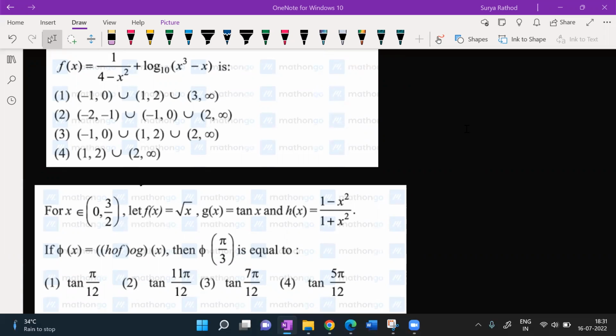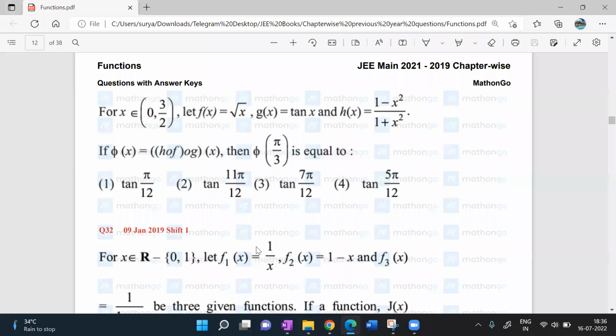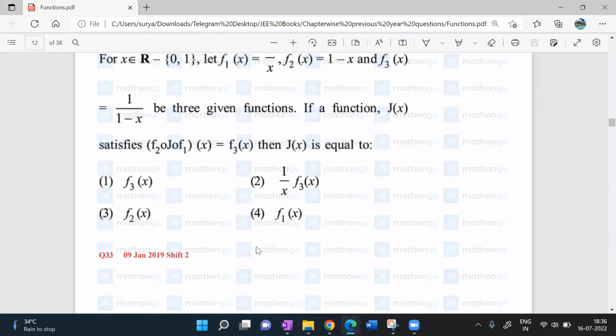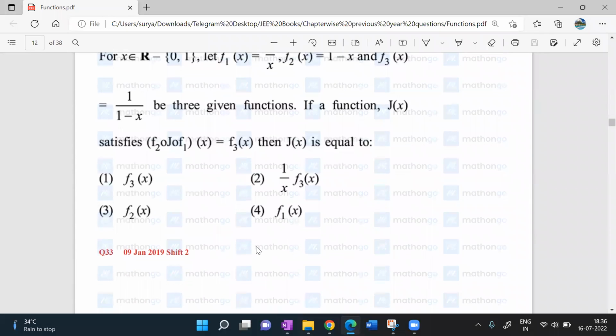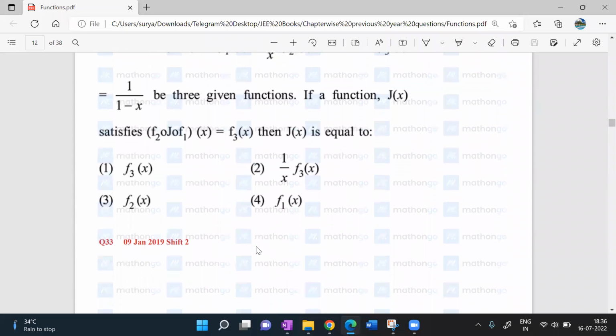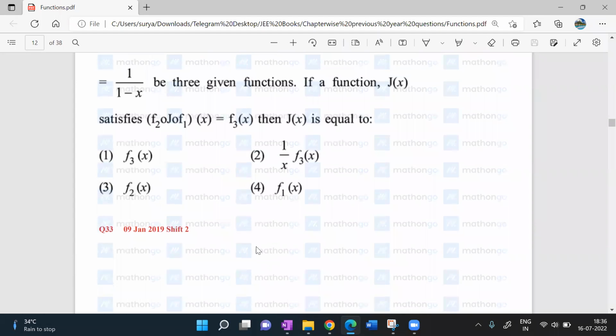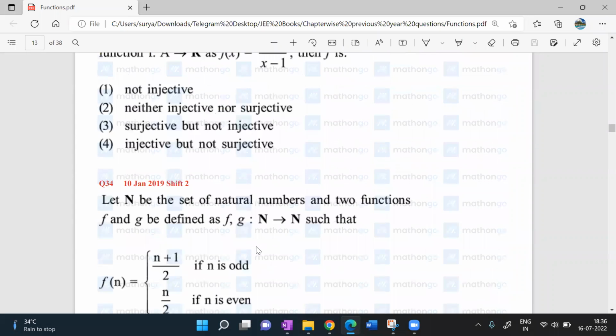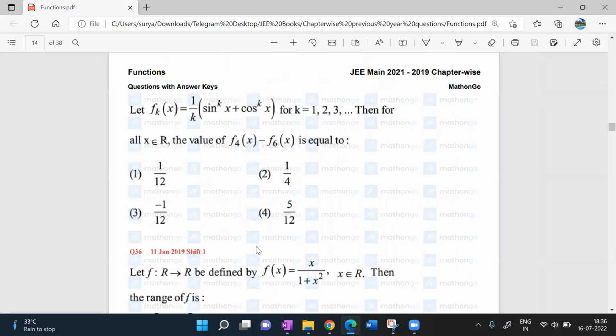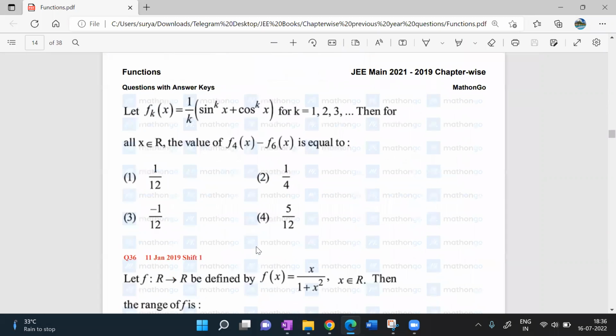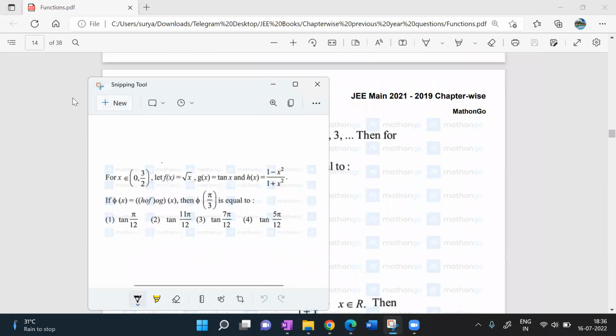Sir, B, sir. Yes, option B. Mohammed ji, have you got option B, ji? Everyone solve this question, the 35th one.